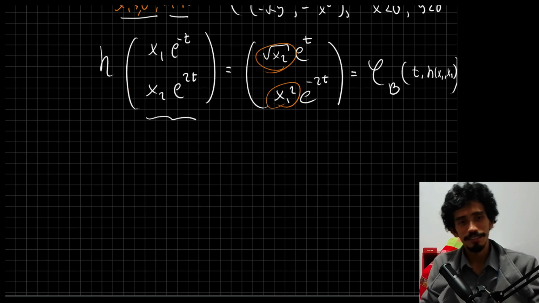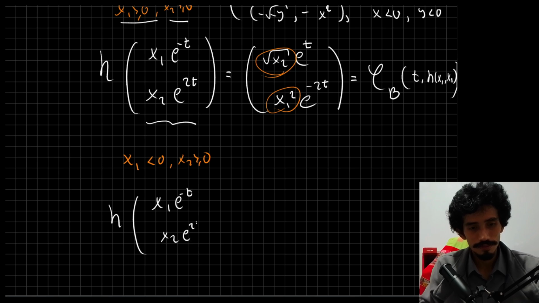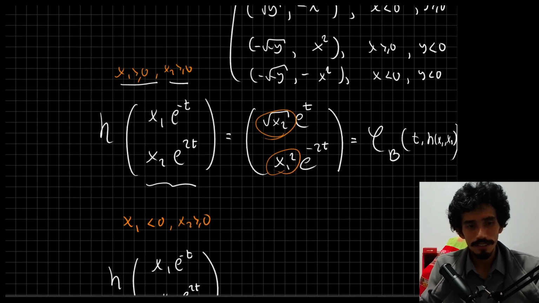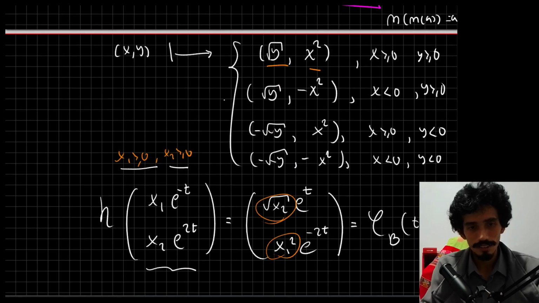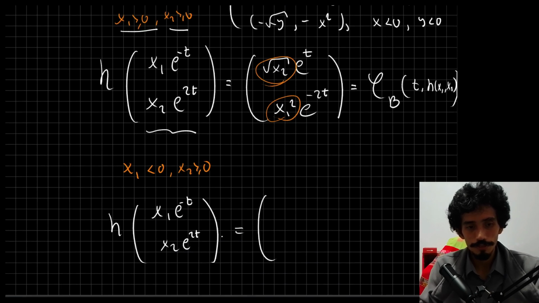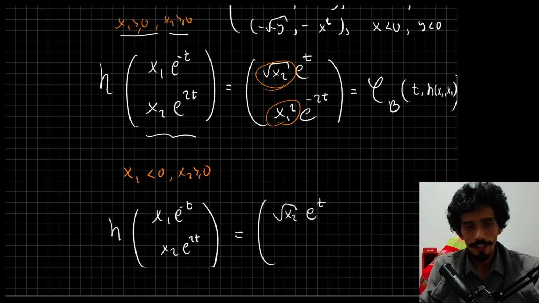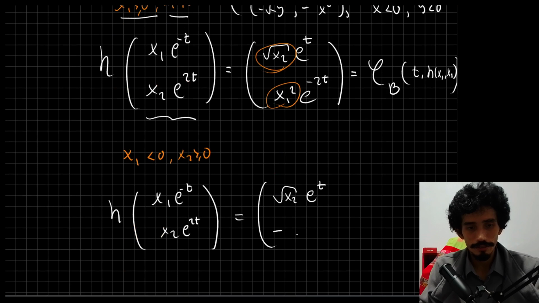And let's work a second case just to make sure that everything is alright. What happens when x is like this? So we apply that here. X1 is negative, so we are on this second case here. So it will be the root of the second one, and then the negative of the other one.